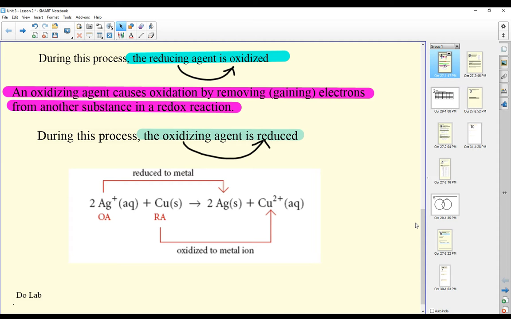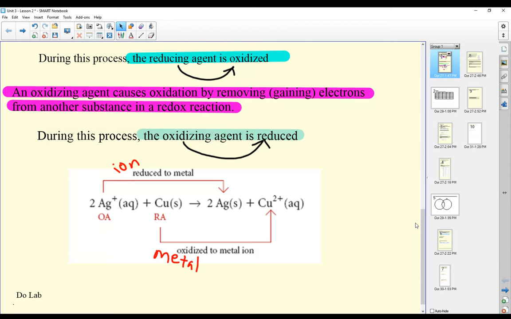So we have this reaction here. We have silver in an ionic form reacting with copper solid to produce silver solid and copper 2+ as an ion. So our ions are reduced to a metal. So ion reduced to metal, and our metal is oxidized to a metal ion.